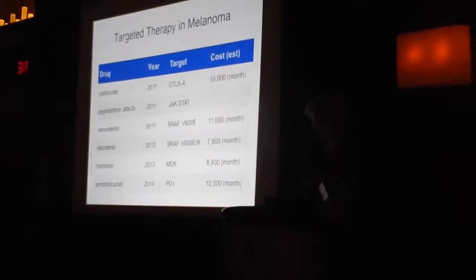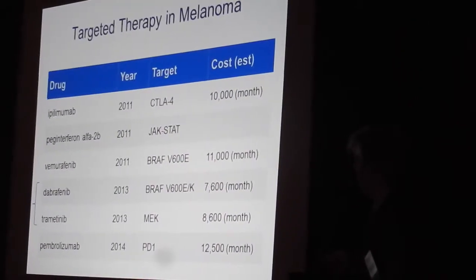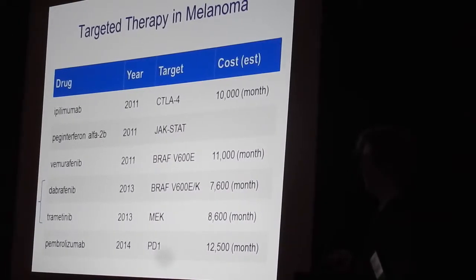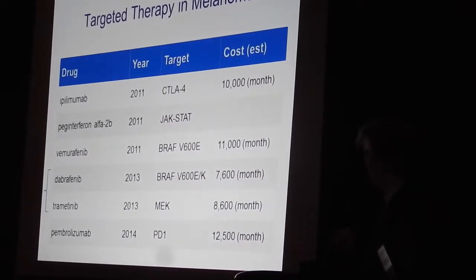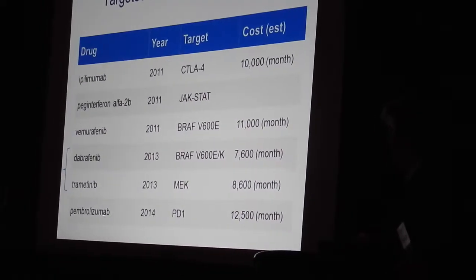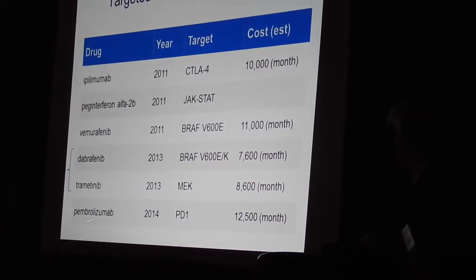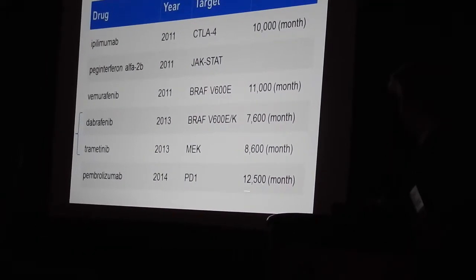And with this, in melanoma, the targeted therapy has really grown in the last 3 or 4 years. I'm going to try and pronounce it. This drug was first approved in 2014. It targets the CTLA-4 gene, and just recently, pembrolizumab, targeting PD-1, was approved earlier this summer.